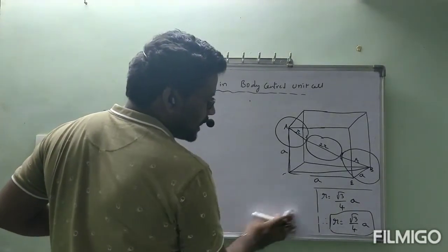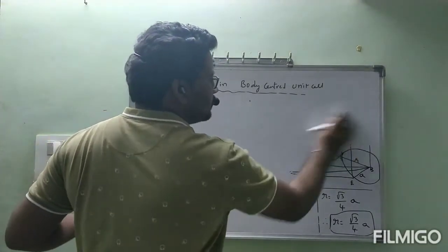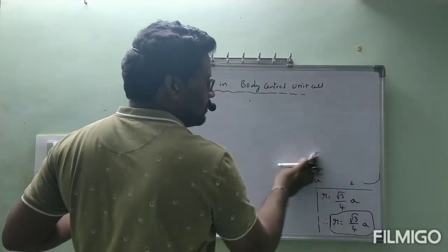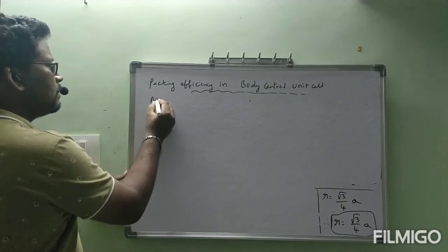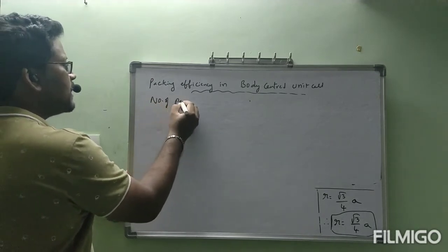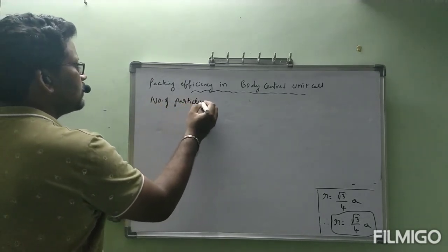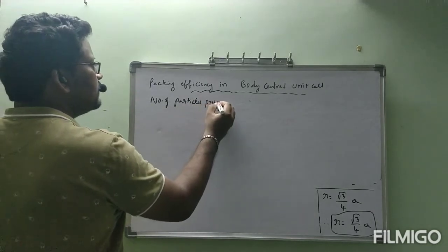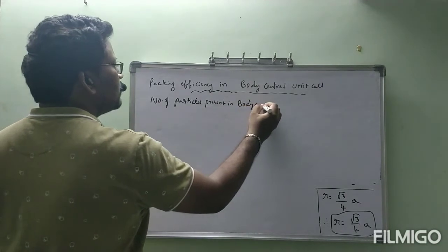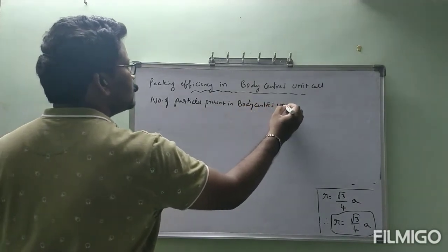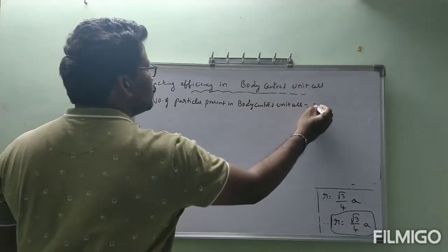I am going to keep only relation. Number of particles present in body centered unit cell is equal to 2.